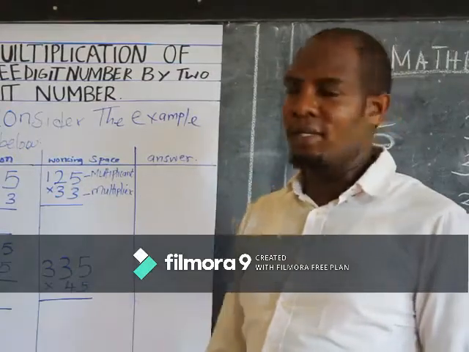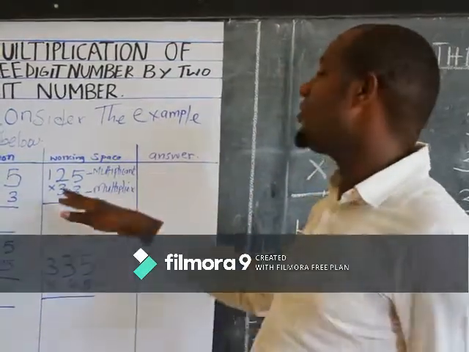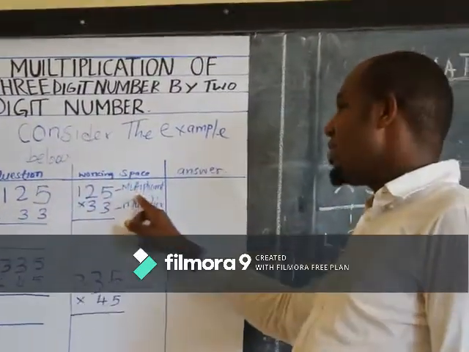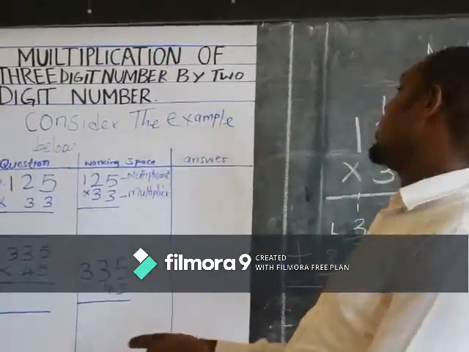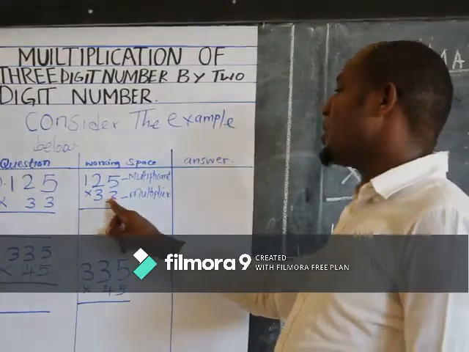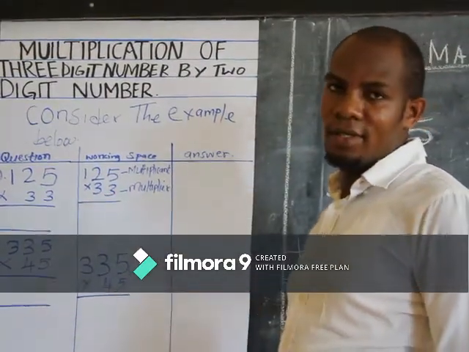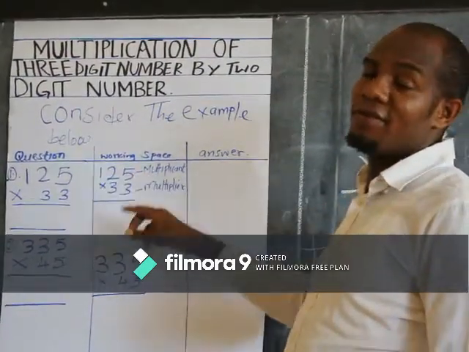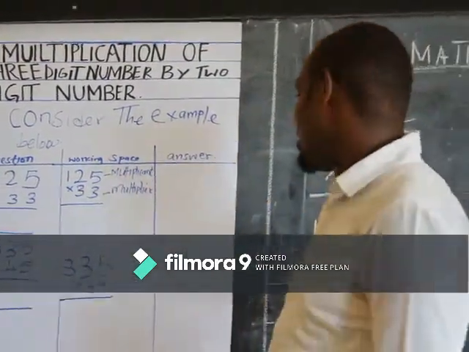For example, the given figure here is 125. You are supposed to add it, repeating itself 33 times. That's why we call this the multiplier, and 125 is the multiplicand.